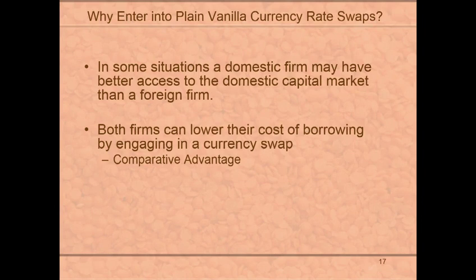If I want to be invested in, let's say, China, I may not have access to the Chinese currency as easily as you as a local. So I can enter into a swap arrangement with you for which you give me the Chinese currency and I give you the dollar. So we swap for that. That circumvents the situation, because then I have overcome my difficulty in securing the foreign funds that I want.